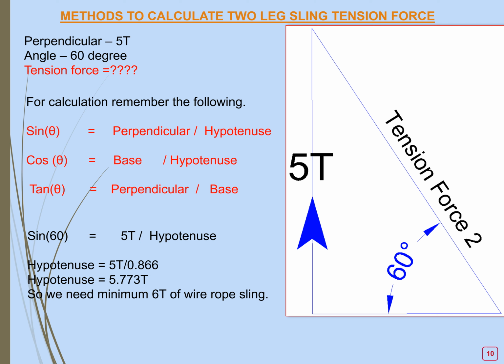How does it come? Because sine theta is equal to perpendicular upon hypotenuse, and in our example the perpendicular is the 5 ton. So when we calculate the hypotenuse, it is 5.773, which is our tension force. So we need a minimum of 6 ton wire rope sling for this lifting activity.